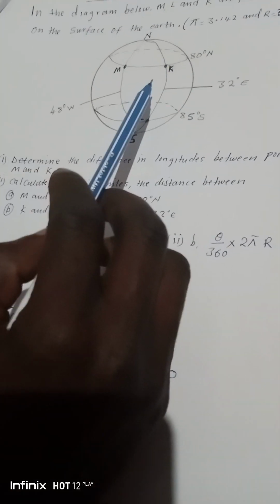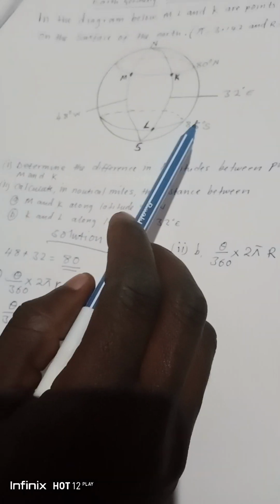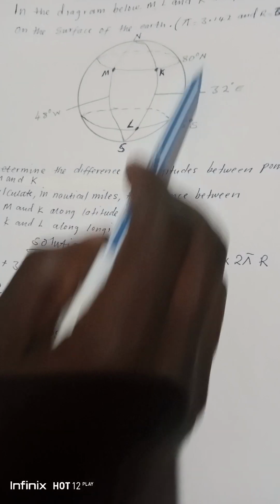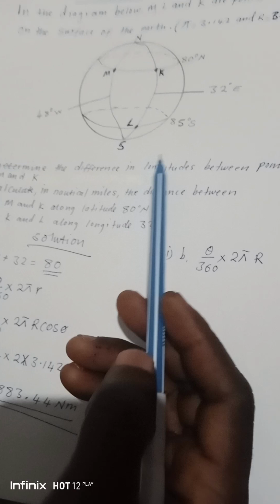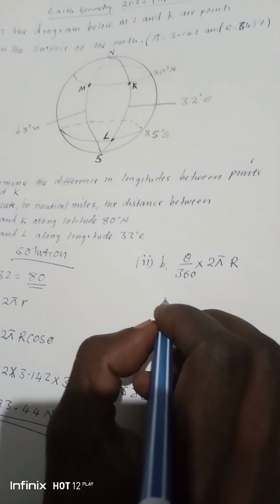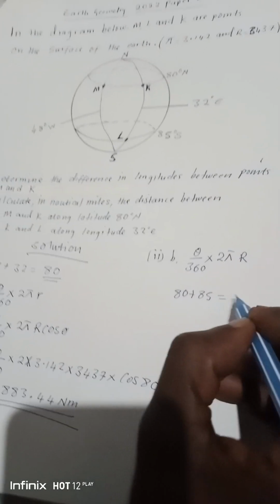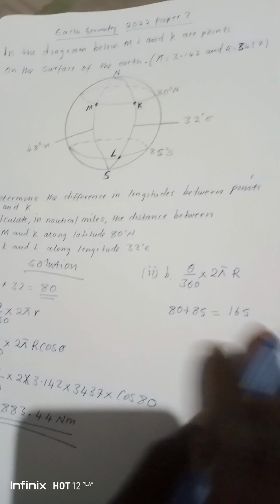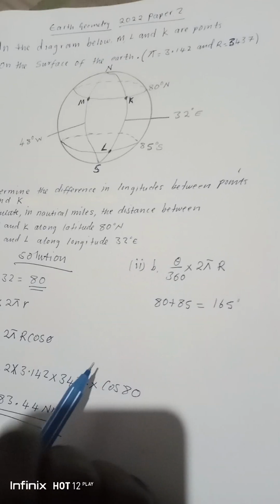All these are latitudes. Since the positions of these 2 points are opposite, here we have north and this side south, for us to find the difference we need to add these two. So when we add 80 plus 85, we have 165, and this is the one we are going to use for theta.